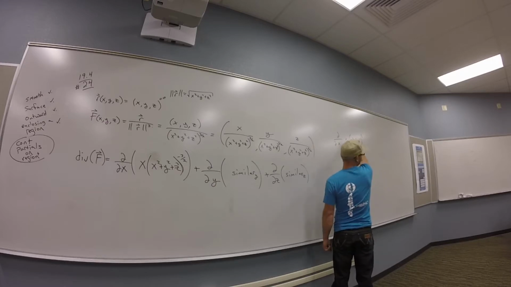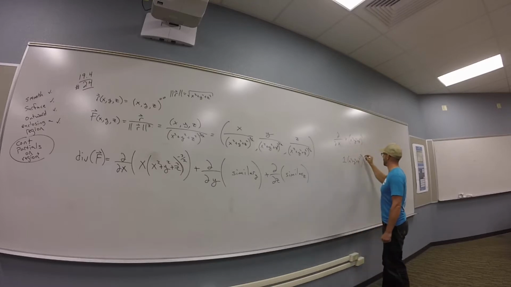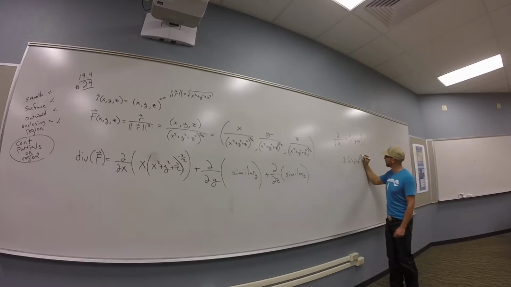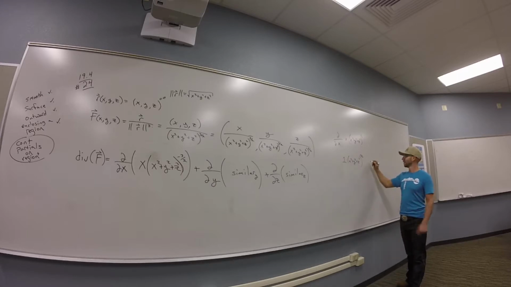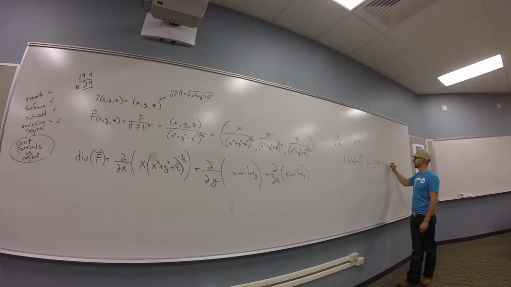One of these will be easy: the x derivative of x gives 1, multiplied by x squared plus y squared plus z squared, all to the negative 3/2. Then add the other way around: x times the partial with respect to x of that junk, so 2x times negative 3/2, and then x squared plus y squared plus z squared to the negative 5/2.